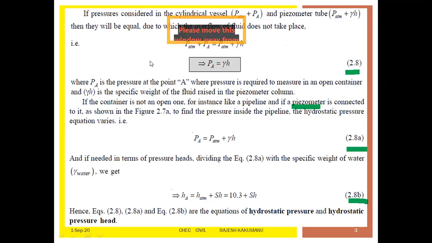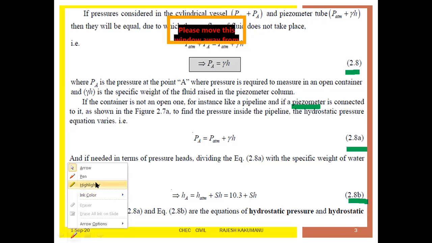That is, the value of PA is given by atmospheric pressure plus gamma into H. Whenever the container is not open, we have two examples. One is the container in closed condition, the other is the container in open condition. In both cases we took the concept, right?